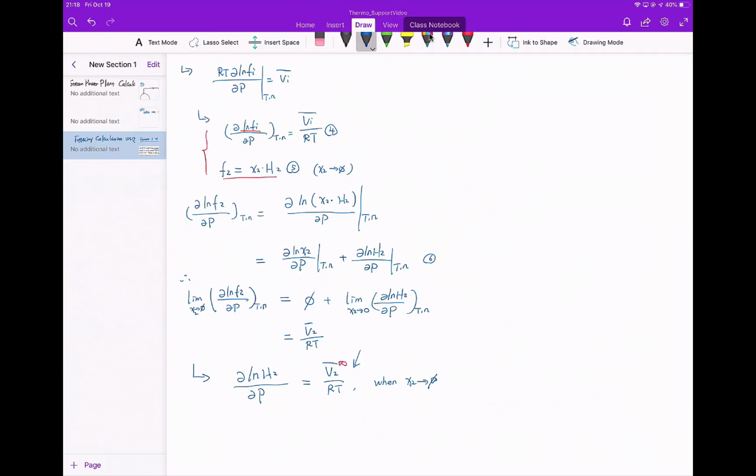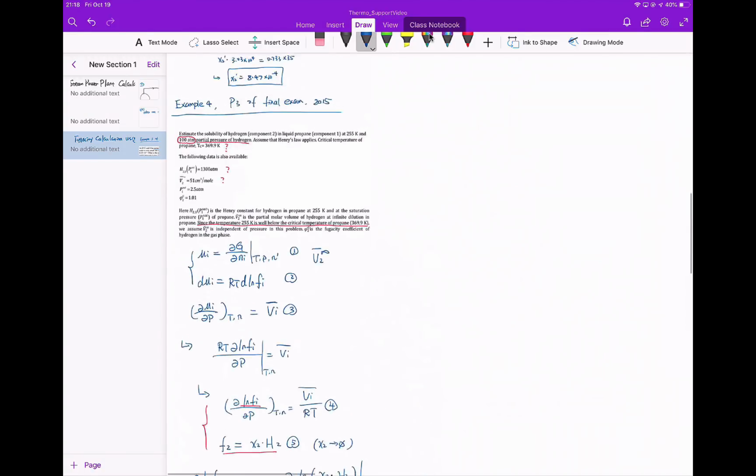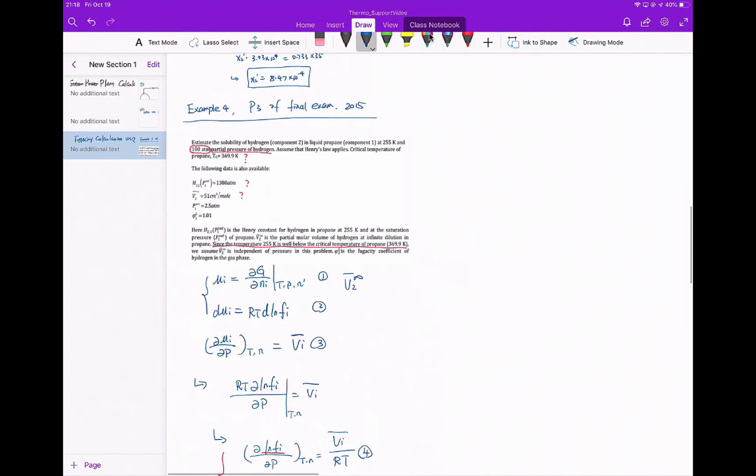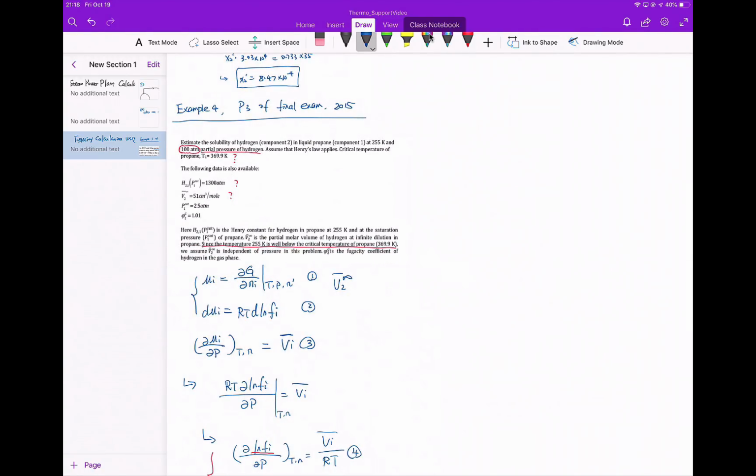Now if we are going to use the provided information, one is the saturation pressure, P1 sat, and then we are going to calculate the solubility at 100 atm.